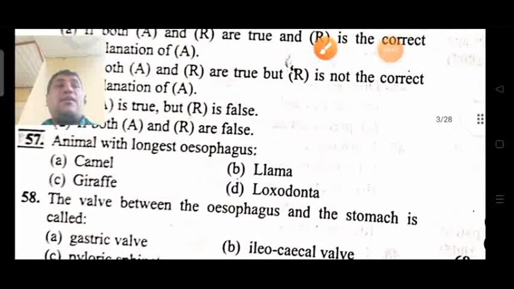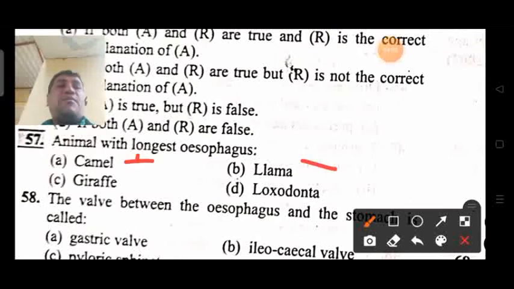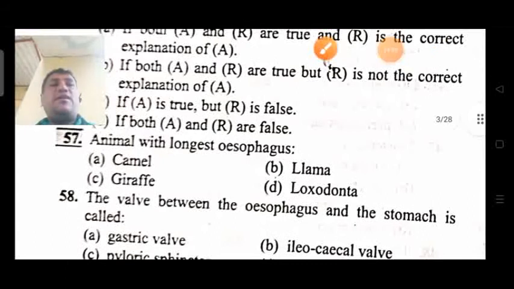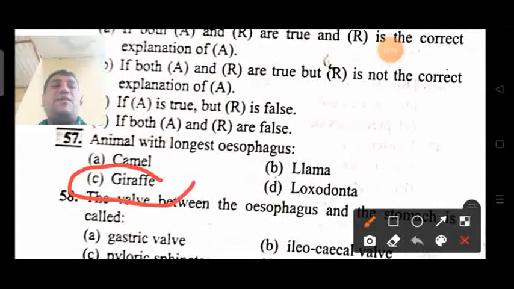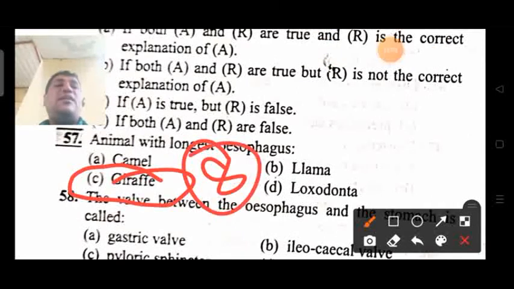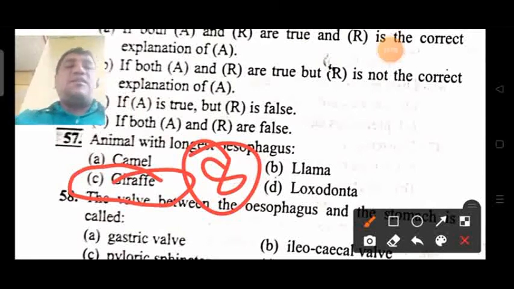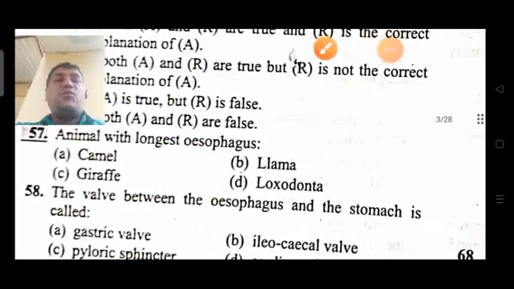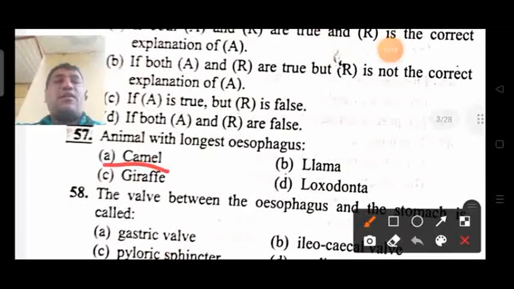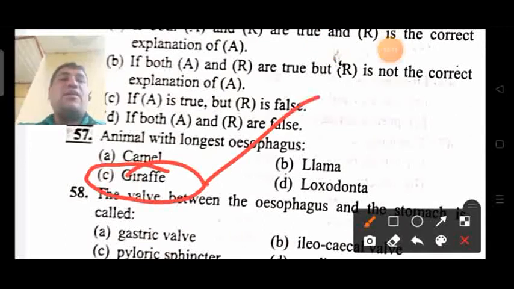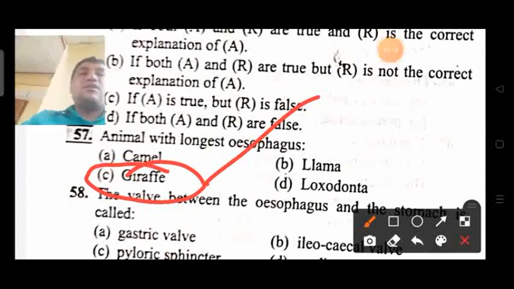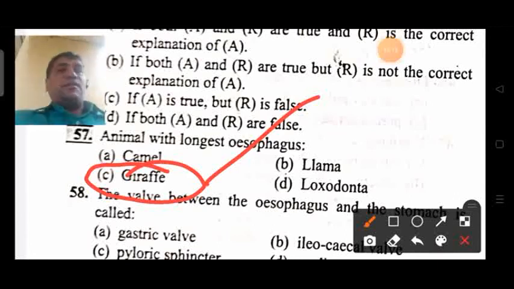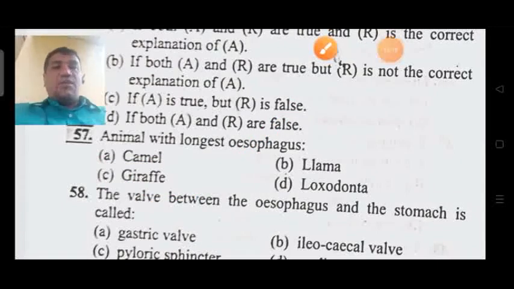Only the giraffe is the biggest animal with the longest neck, with 7 bones present in it. So the giraffe has the longest neck, so it will have the longest esophagus in the animal world, and it is herbivorous in nature.